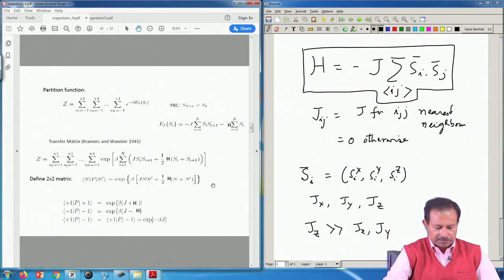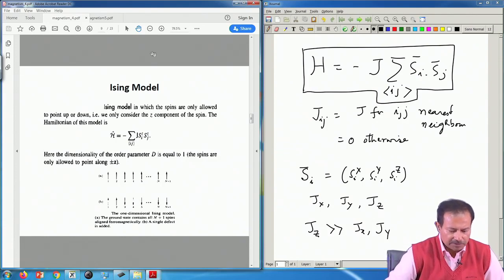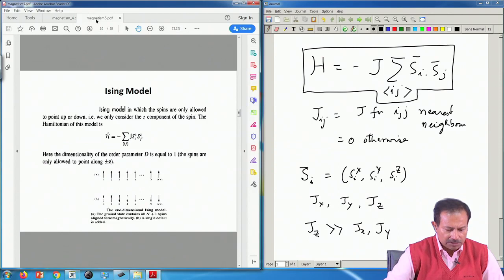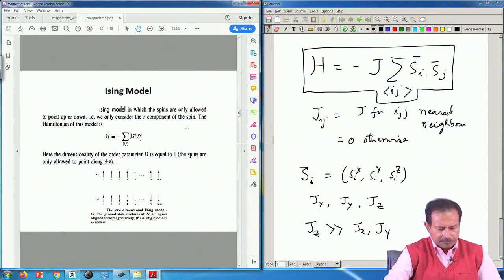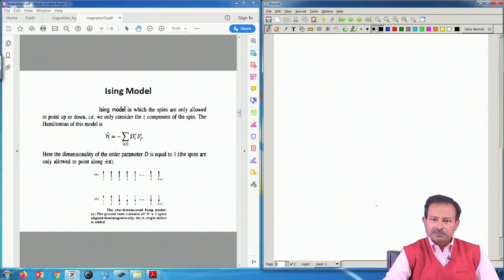Then I started working on the Ising model, and I mentioned that there are interesting things that you can do with it.